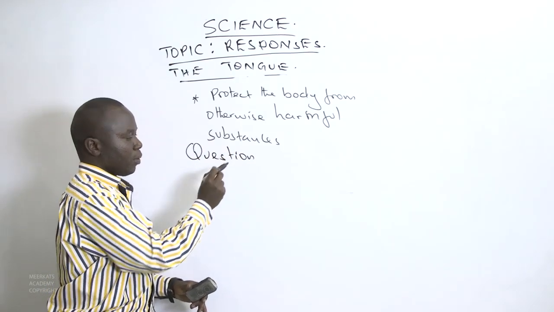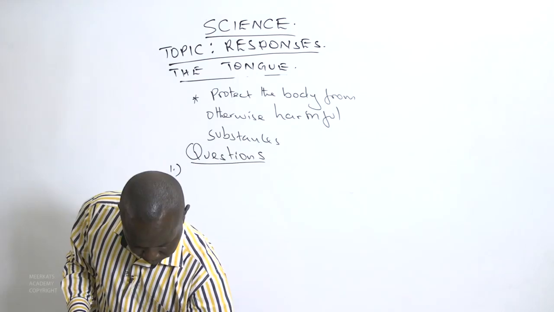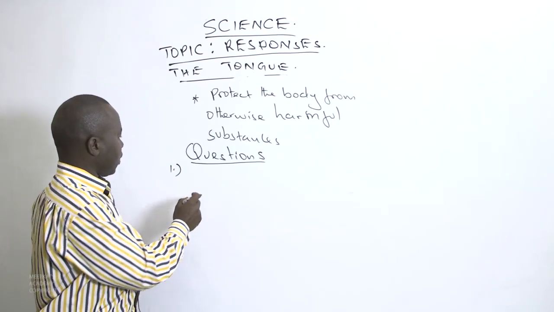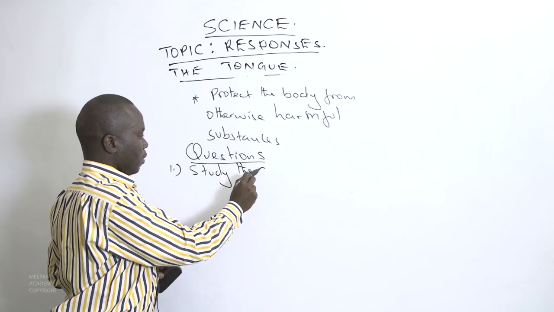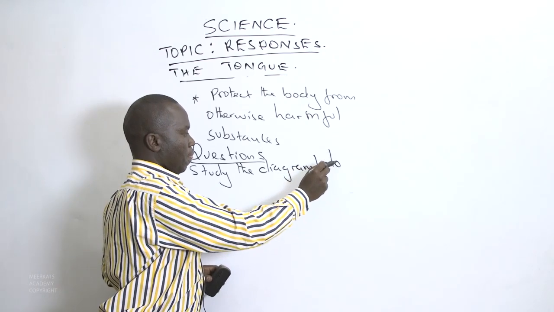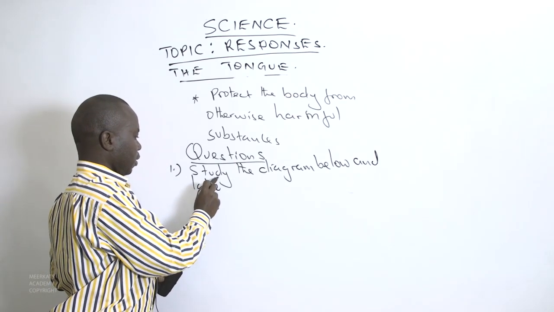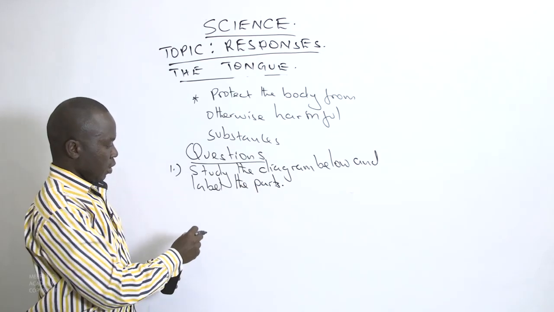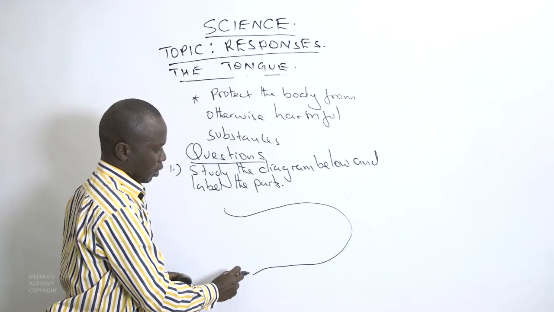So to recap on what we have gone through, let us look at the following questions. So one of the questions is: study the diagram below and label the parts. So this diagram is showing part of the tank.